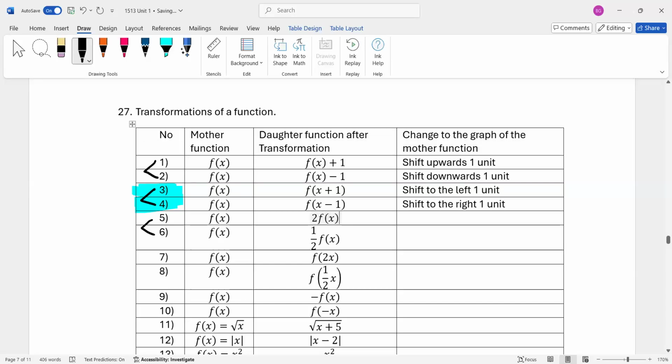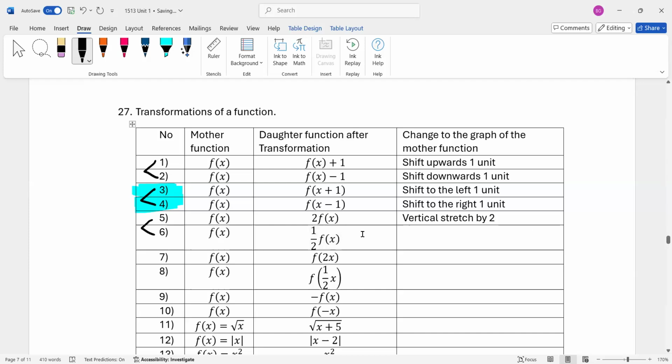So here we multiply the y value by 2. And here we multiply the y value by half. So when we multiply the function, the y value, by 2, we stretch the function vertically by a factor of 2.